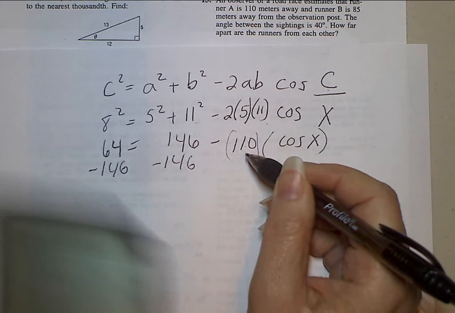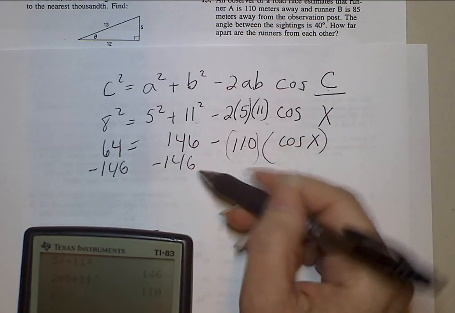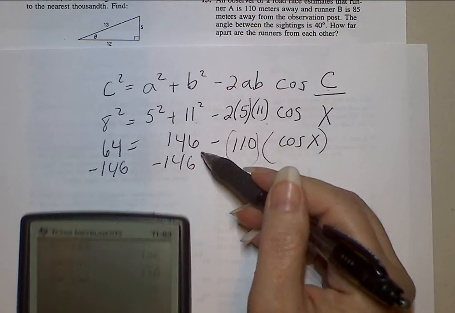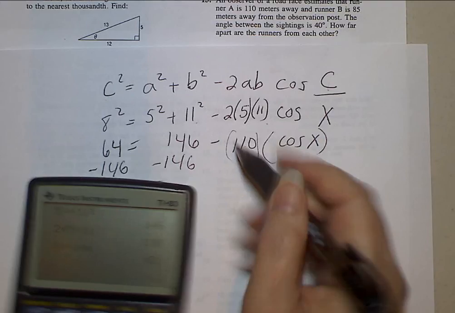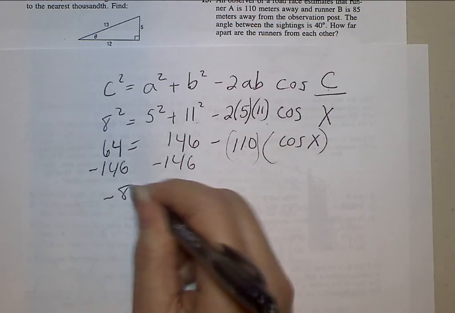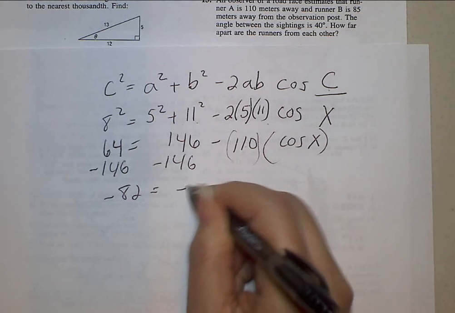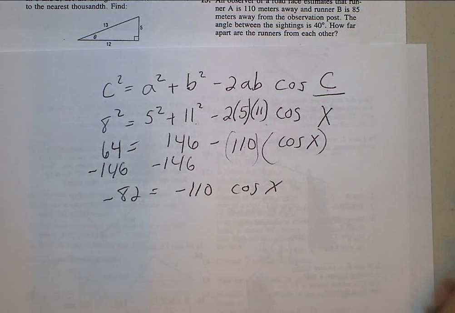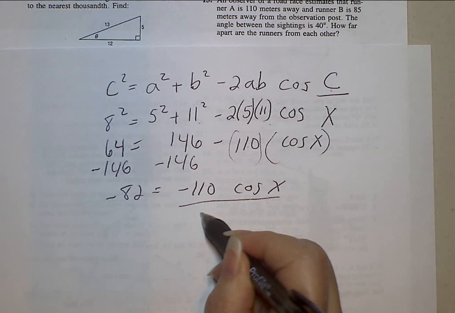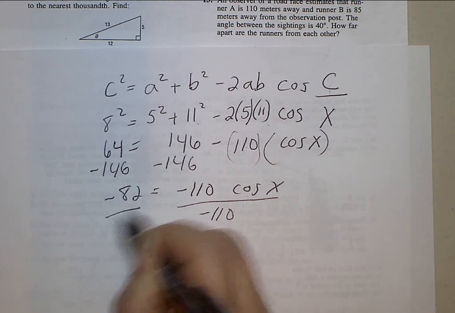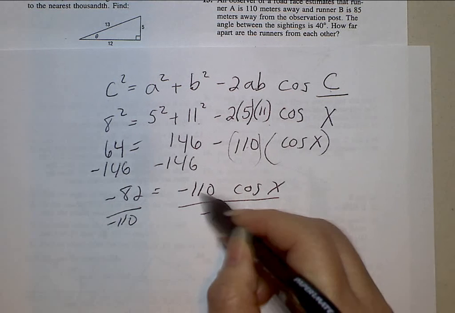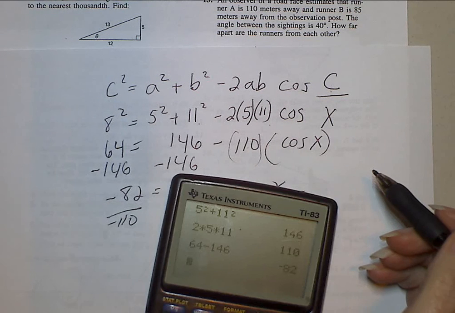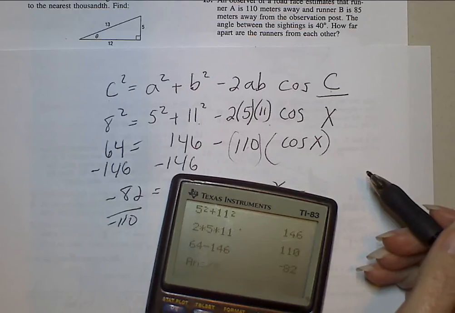So I have 64 minus my 146, which gives me a negative 82. Next step is, yes, divide by a negative 110. So I have negative 82 divided by a negative 110.